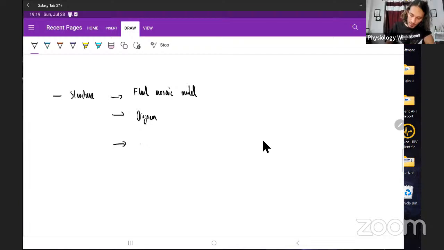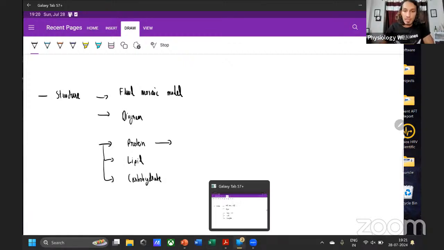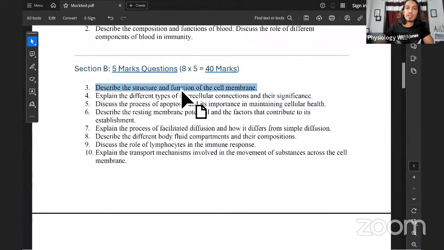Okay, then you can describe the structures. You'll have to talk about your protein content, your lipid content, and your carbohydrate content. Do this beneath the diagram. Here you have to talk about protein. So this is a 10-mark question, mind you. That is why you'll have to go into more detail, because the question is: describe the structure and function of the cell membrane.